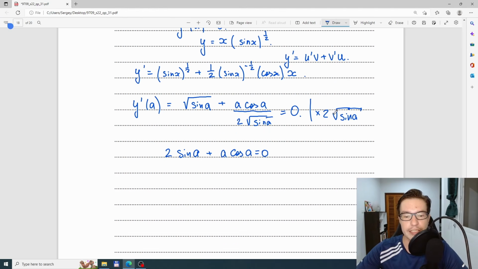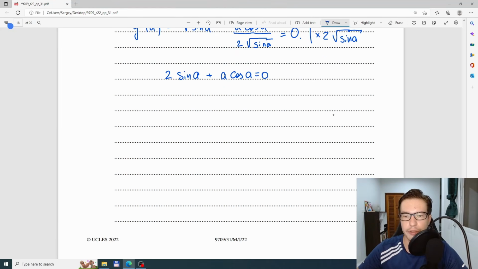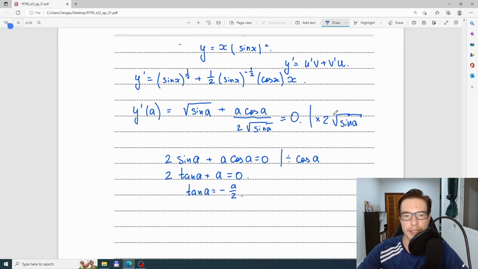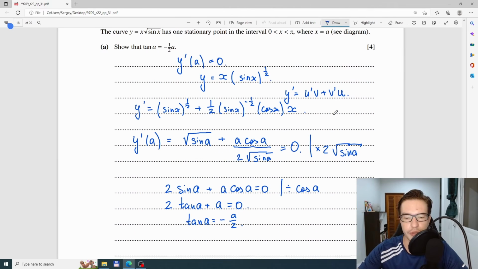Now we need to get a tangent in our equation, so I will divide both sides by cosine a. That gives me 2 tangent a plus a equals 0. Now rearrange it, get tan a equals minus a over 2. And that's exactly what I had to show.